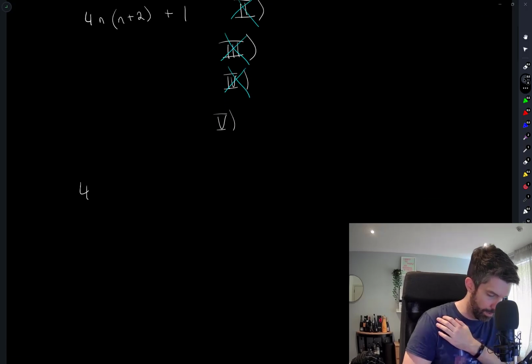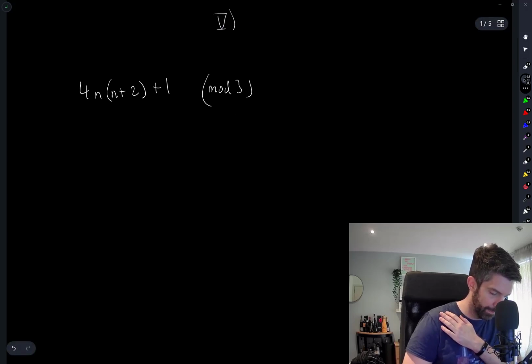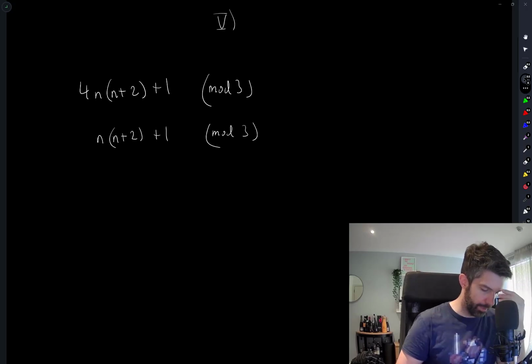Okay, well, 4n, n plus 2 plus 1. Let's mod this by 3. So 4 is 1 mod 3, n times n plus 2 plus 1 mod 3.